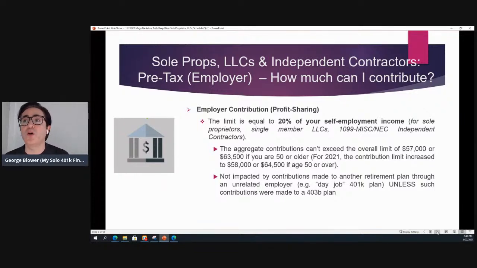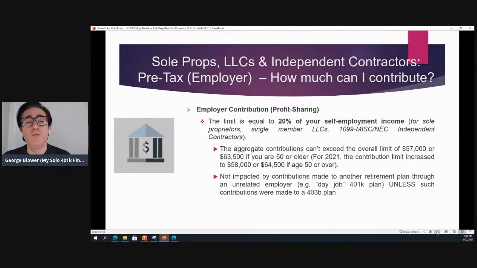An employer contribution is always a pre-tax contribution. Now you need to keep in mind the overall limit, which for 2020 is $57,000 or $63,500 if you're 50 or older. For 2021, it goes up to $58,000, or you can go up to $64,500 if you're 50 or older.